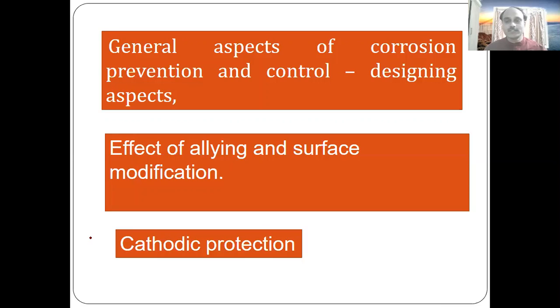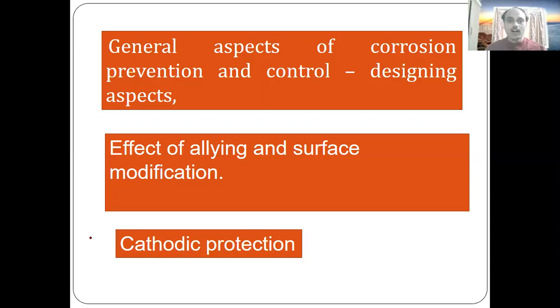For example, we use wooden doors and metal objects, and these are coated before use, maybe with a metallic paint. Why do we do that? For example, bikes and cars are made of metal, and the metal is coated with paint to prevent corrosion. So these are the general aspects of corrosion prevention and control, that is, the design aspects.